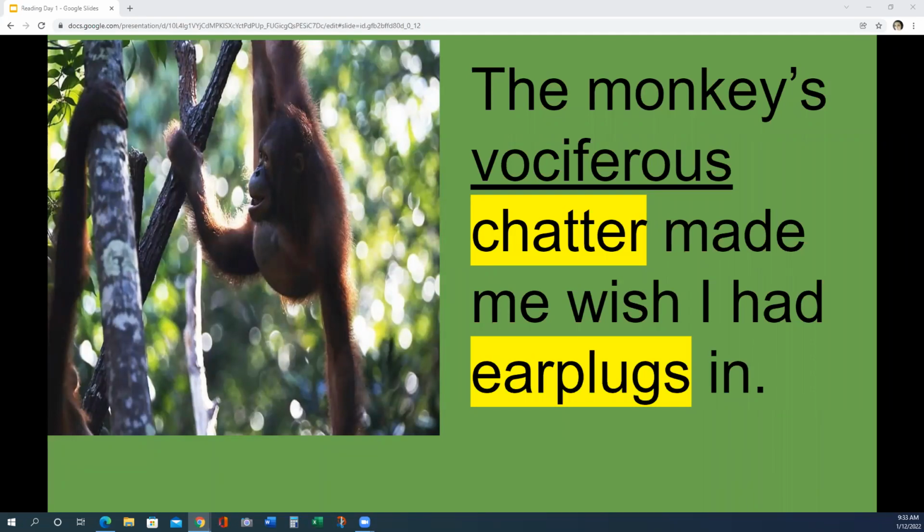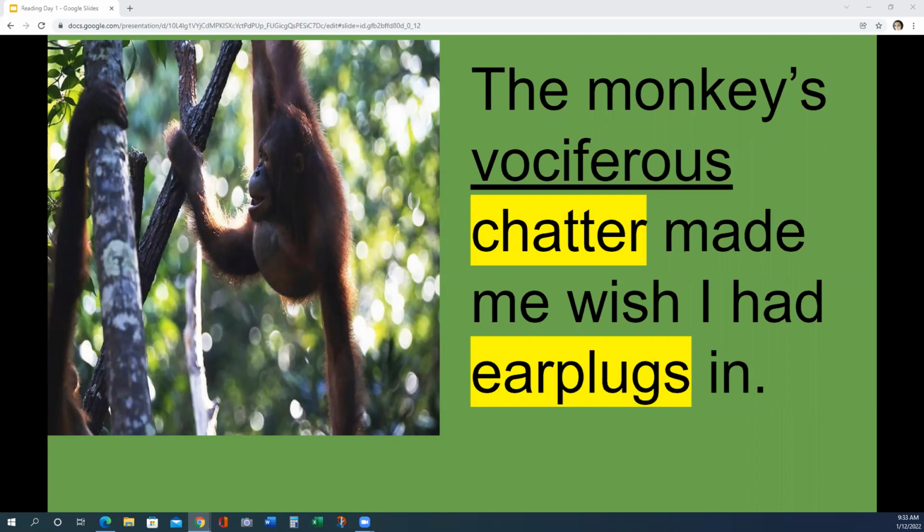So there's that crazy vociferous word. It's not very common. You may not know what it is when you read it, but if you say his vociferous chatter made me wish I had earplugs. Well, if a person wants earplugs, what most likely is going on? It's too noisy. There's too much noise. It's loud.